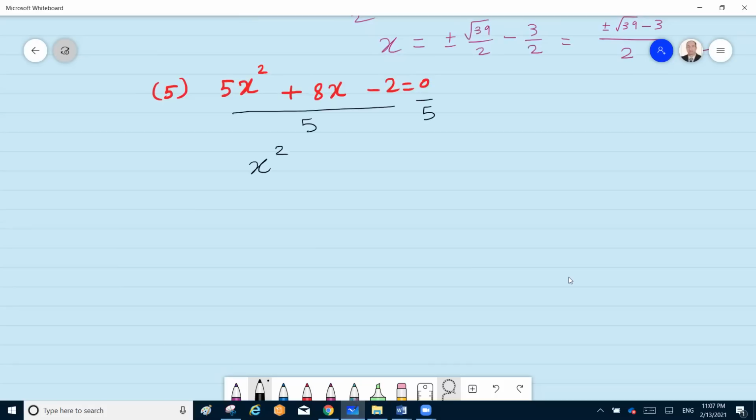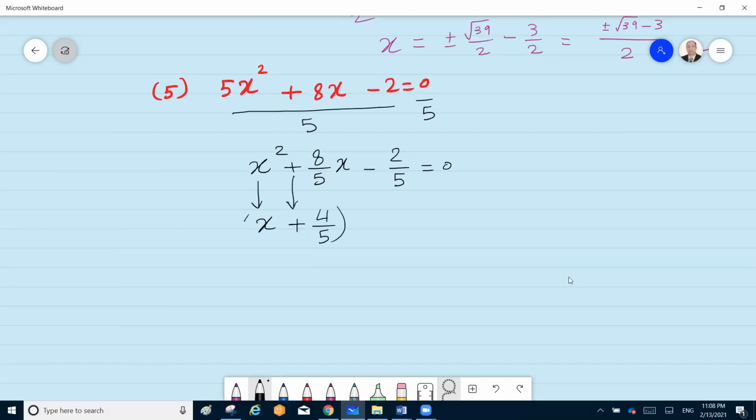So you have x squared plus 8 over 5. Keep all rational numbers the same. Don't try to change it to decimal, sometimes you cannot do this. So 8 over 5 minus 2 over 5. Now I can complete the square very easily: x plus, the same sign, half this number. 8 over 5, its half is 4 over 5.